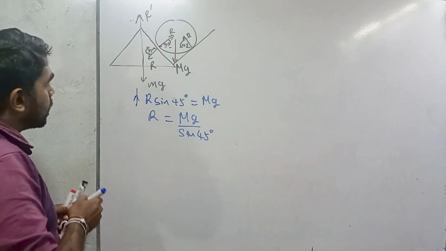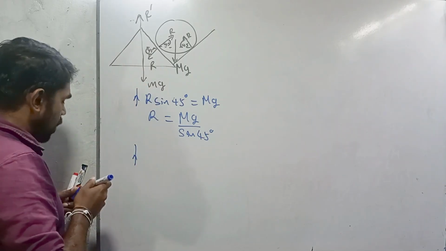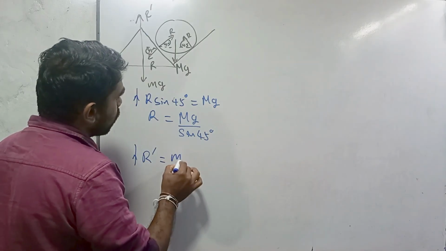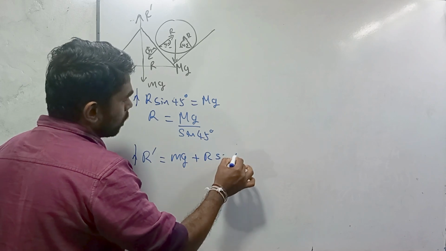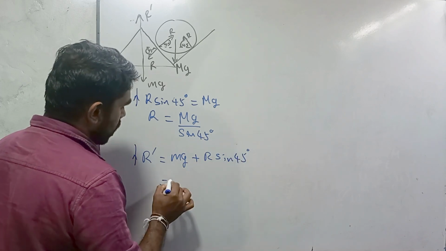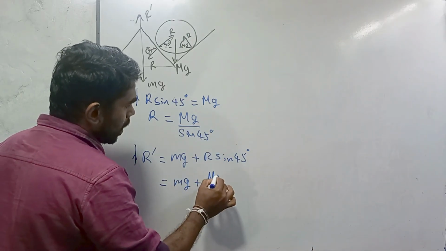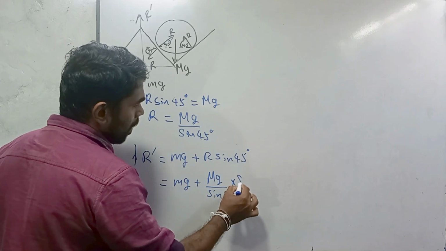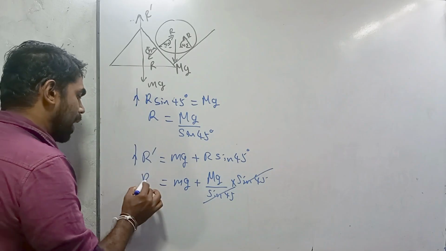Then when considering vertical equilibrium of wedge, we can get upward force R dash equals downward force simple mg plus R sin 45. Simple mg plus, we can substitute R value as this one. Mg divided by sin 45 multiply by sin 45. We can cancel out sin 45. R dash is this one.